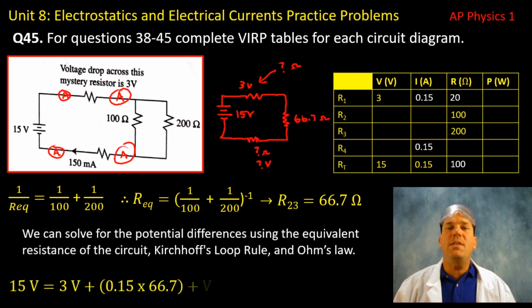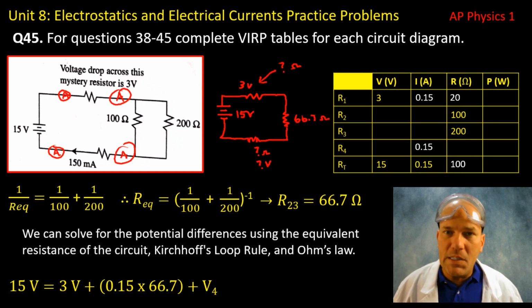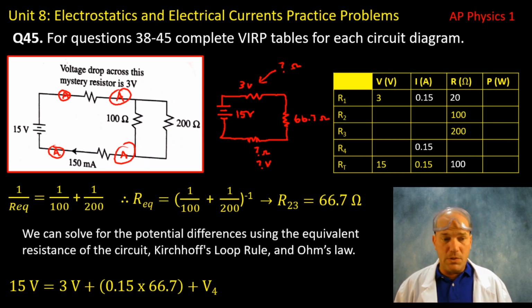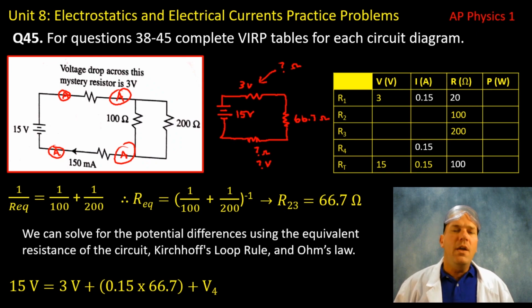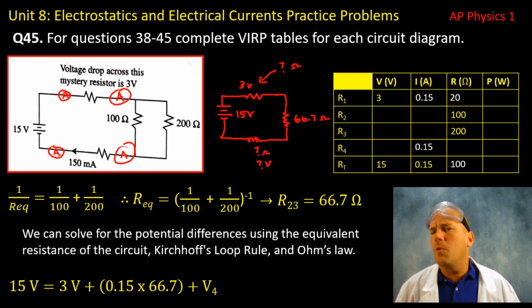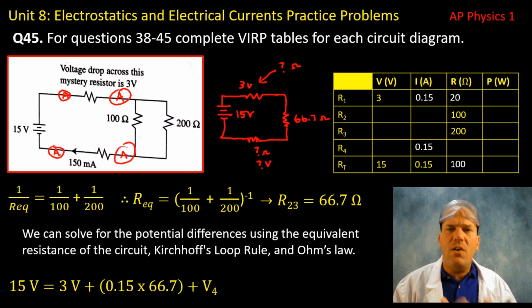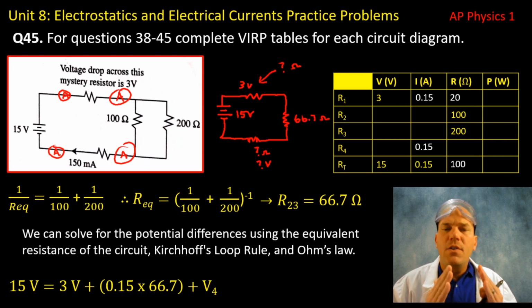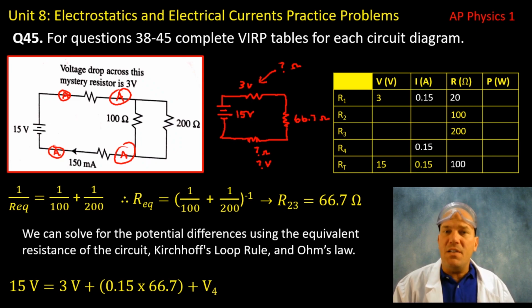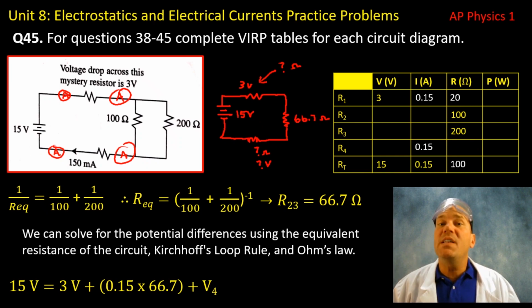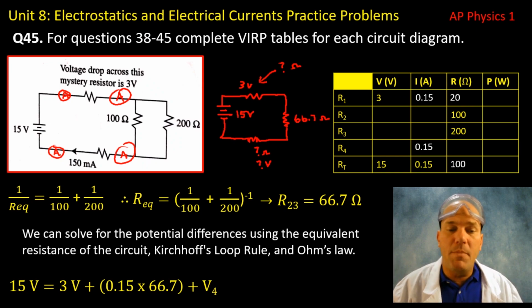We know the potential difference across the entire circuit is 15 volts. We know the voltage drop across R1 is 3 volts, and we know the voltage drop across the parallel combination is going to be the product of the current multiplied by the resistance across the parallel combination.